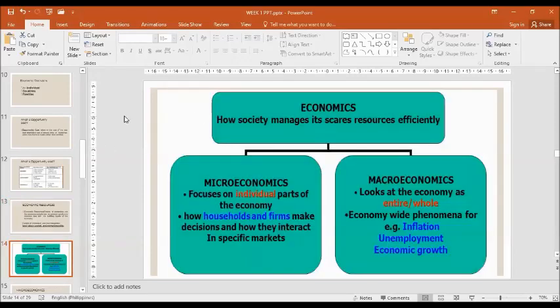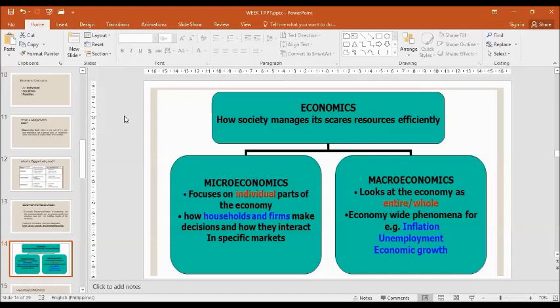Okay, so in economics, a simple explanation: economics is how society manages its scarce or limited resources efficiently. Economics has two parts, microeconomics and macroeconomics.